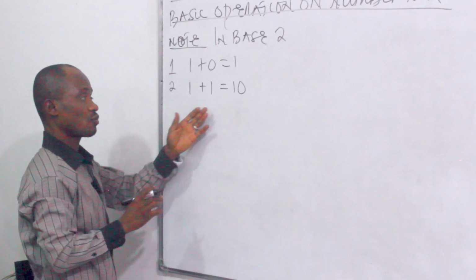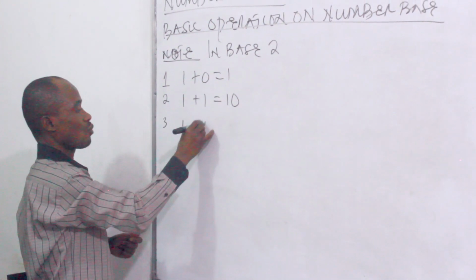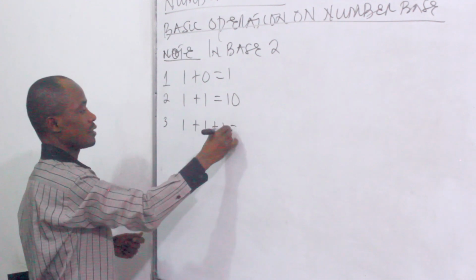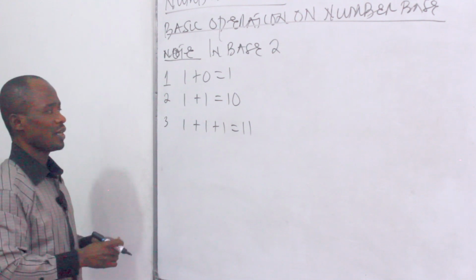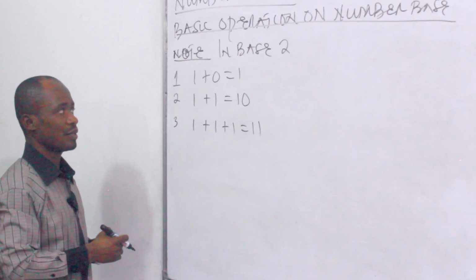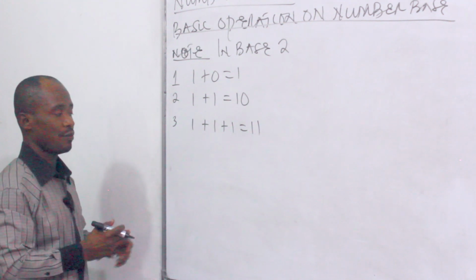Some call it 10, but this is 1, 0. Then 1 plus 1 plus 1 is 1, 1. Later we will see why. So with this, we can simplify as many number bases as possible in base 2.